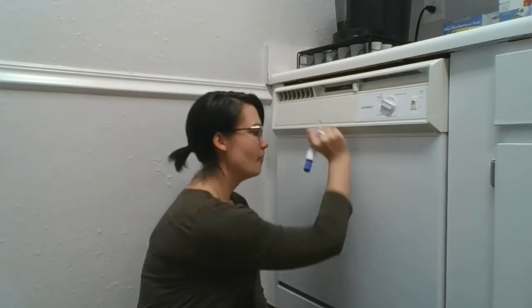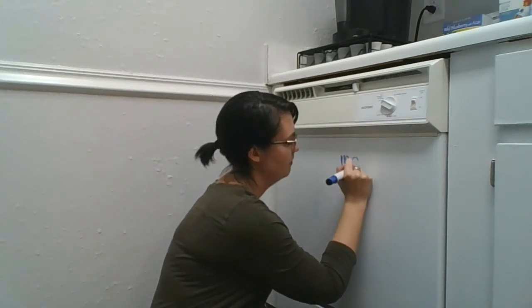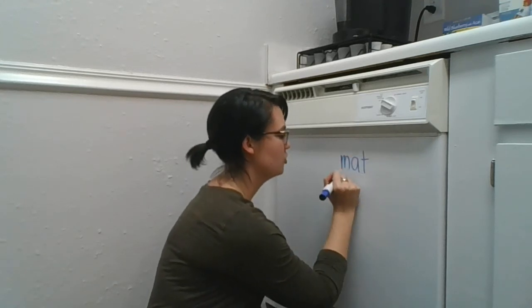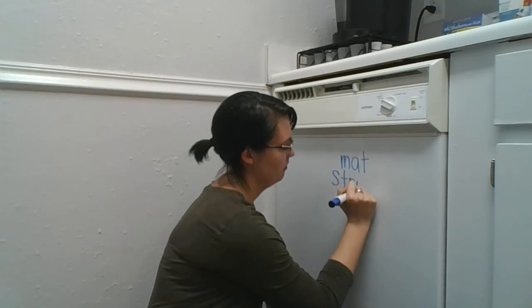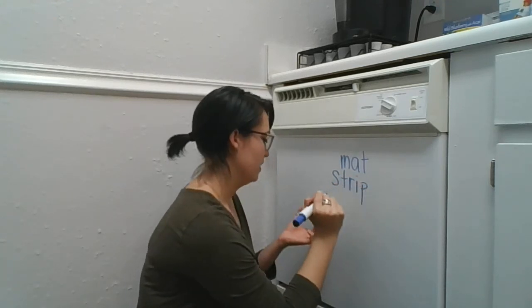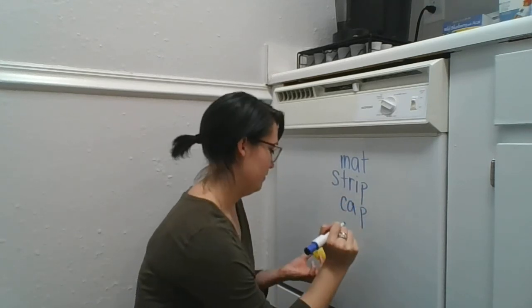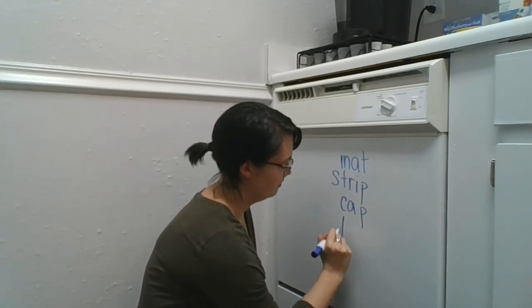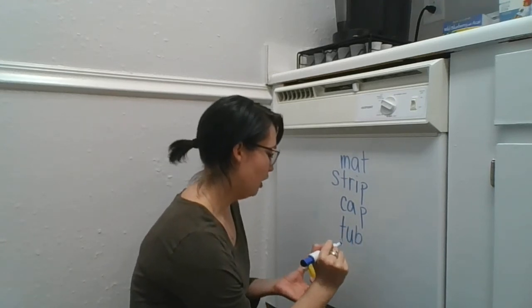You can do it on your piece of paper or whatever you're using to write, and then I'll just show you how to add the silent E. So let's see, what words did I have? I had mat, strip, cap, tub, and hop.